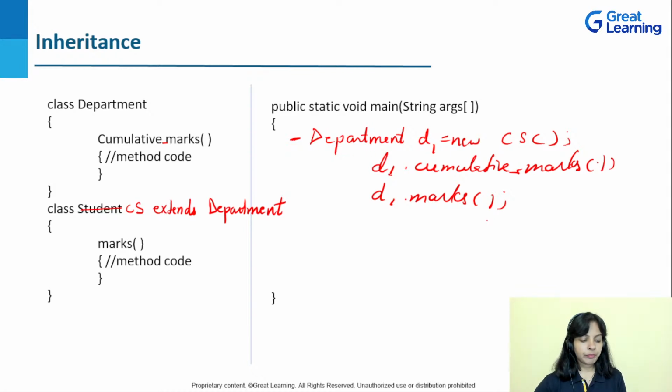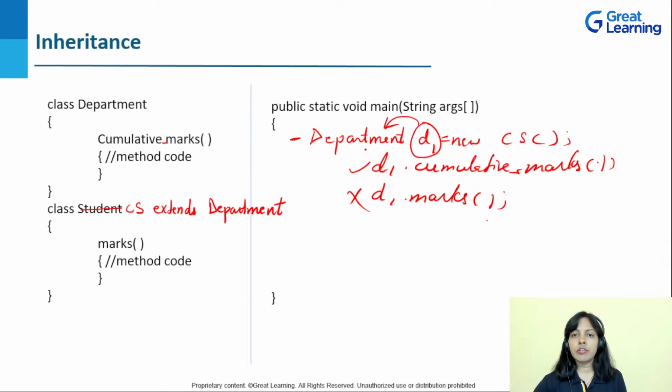Okay, I'll tell you. So there is no error here. Department D1 equals new CS. This is correct. We can have a parent class reference object, but a constructor of child class can be used to initialize it. Okay, and I can call D1 dot cumulative marks. This is correct, but D1 dot marks will not be called because here the object is of parent class reference, that is department class reference.